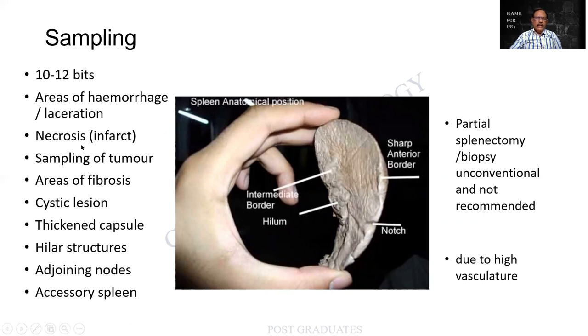Whenever there are areas of hemorrhage and laceration, they should be sampled. Fibrosis, cystic lesions, thickening of the capsule, any other structures such as the adjoining nodes or sometimes an accessory spleen. So we will have this list in mind, because the common question will be, where all will you take the bits from?